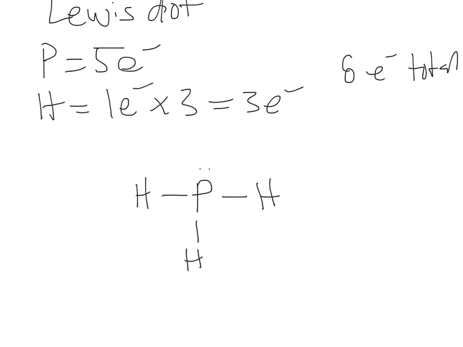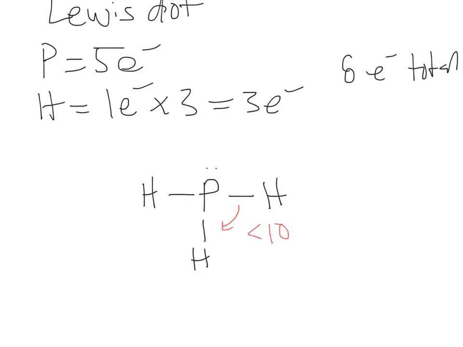Now we do know that this angle right here is less than 107 degrees, but the Lewis dot structure doesn't really show us the actual molecular structure of the molecule. So we're going to go ahead and draw the molecular structure right now.